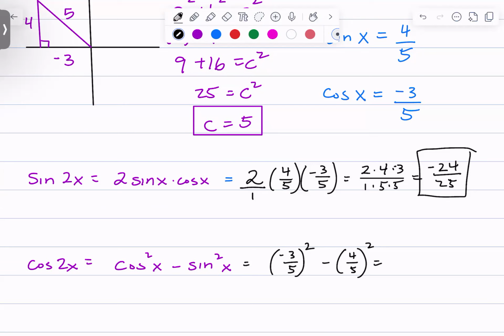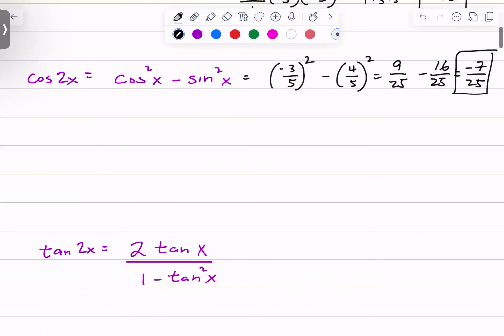If I use the second one or the third one, I would have to convert the 1 into a common denominator. So just to avoid that simple math, I'm going to use the first one here. And 9 minus 16 would be negative 7 over 25.